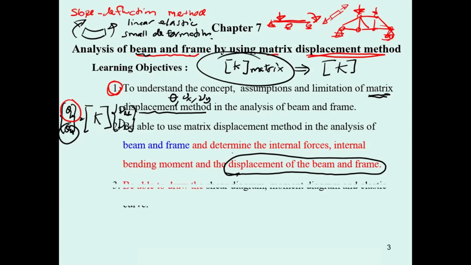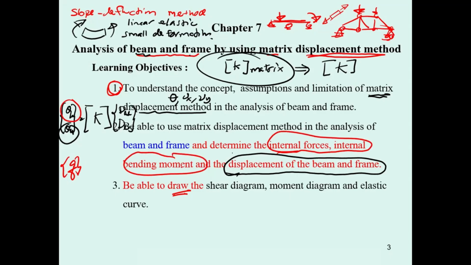And then after you get the small q matrix, that's going to be the internal forces and internal bending moment, you can draw the free body diagram of the beam and the frame. And then you will use your own knowledge to draw the shear force diagram, the bending moment diagram, and the elastic curve.